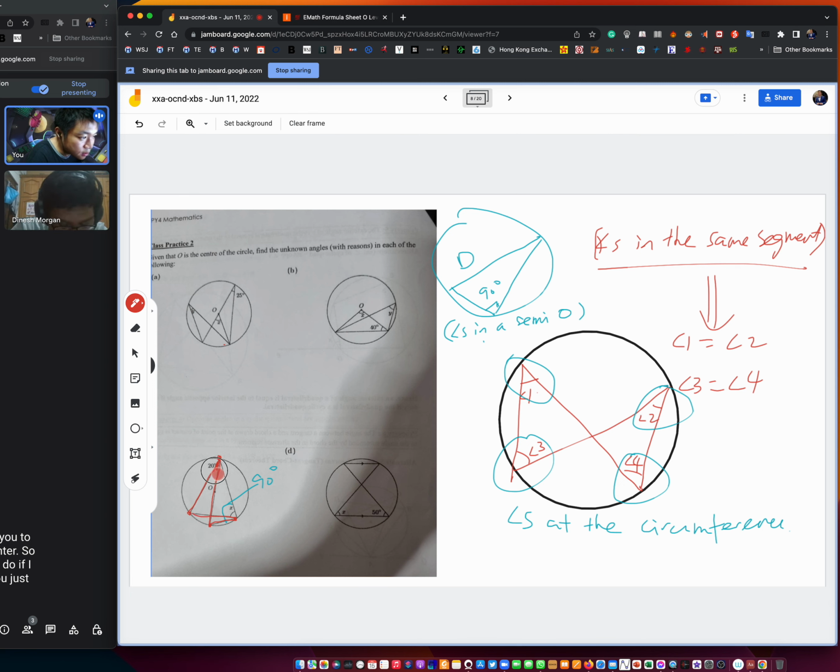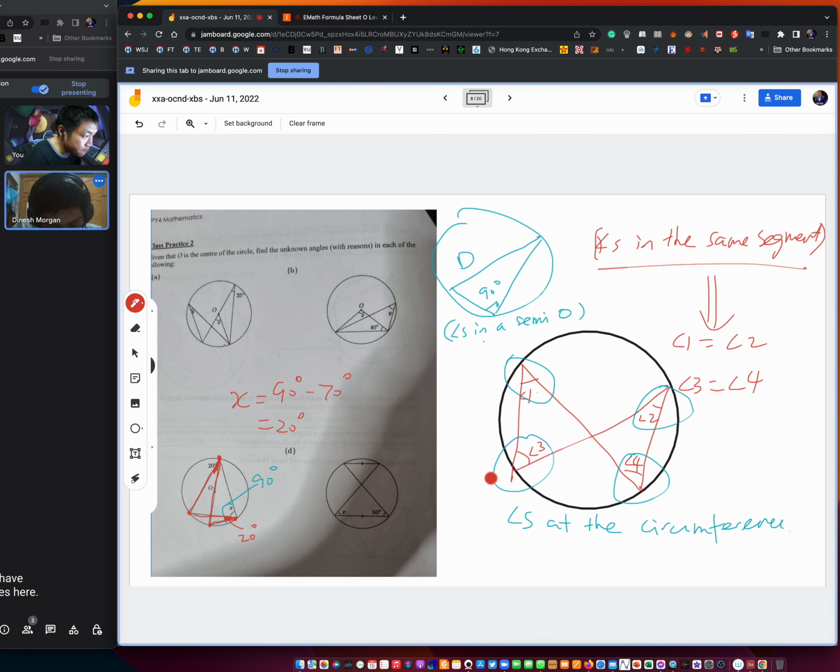Can you see that this is 20, this is also 20? Because this is angle in the same segment. Then if this is 20, the x is 70, right? So you have applied two rules here.